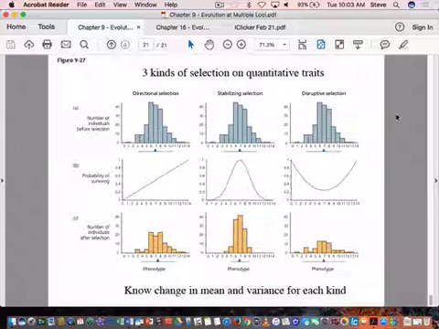So what we're saying is that under this kind of selection, those individuals with the most extreme value of the trait have the highest probability of surviving. And it's kind of a linear relationship, right? And what about the individuals that are around 1? What's their probability of surviving? Extremely low, right? Okay?